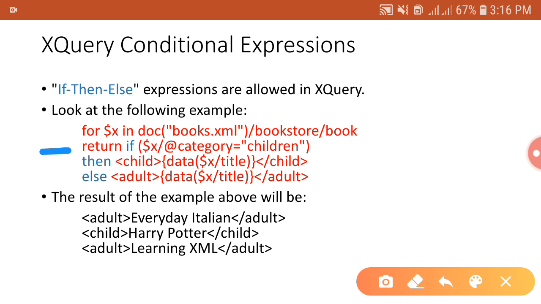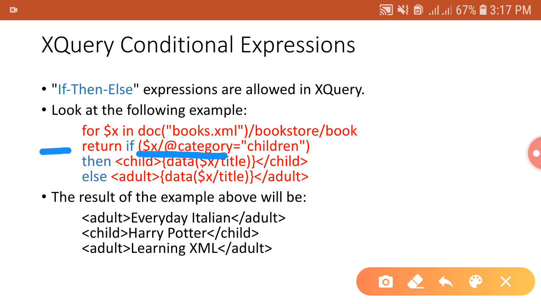In if, it is checked whether X category attribute has value children or not. Here X is book element. So for each book element, the attribute named category value is checked.